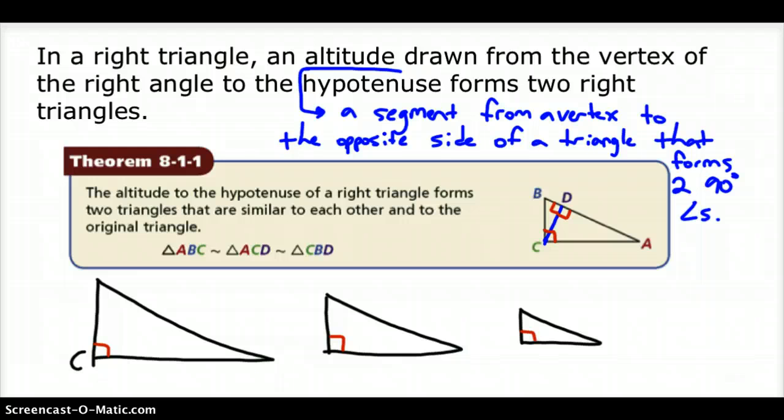If we look at the medium-sized triangle here, I'm going to outline it in maybe green. And we can see that D is going to be our vertex there. So in our medium-sized triangle, D is going to be where that 90-degree angle is, and our smallest triangle is going to have D as well. I can outline that triangle in blue here, and that would be our three triangles.